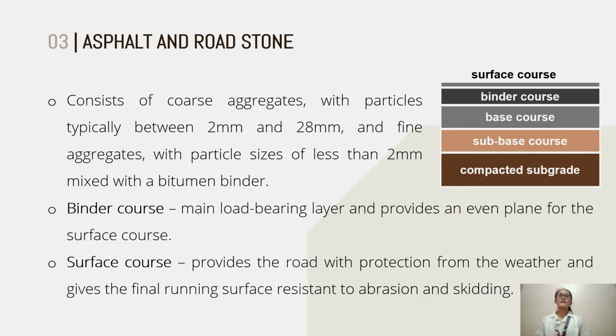The binder course is the main load-bearing layer and provides an even plane for the surface course. Surface course, on the other hand, provides the road with protection from the weather because water ingress would be very destructive. And this also provides a final running surface that is resistant to abrasion and skidding.